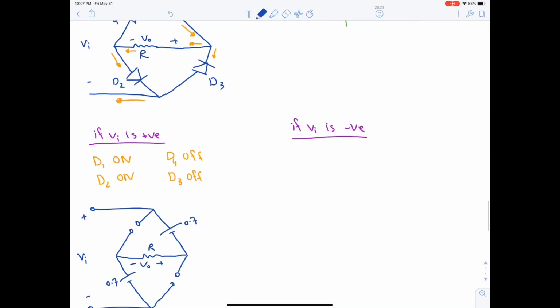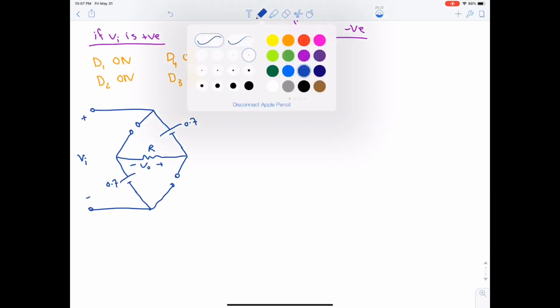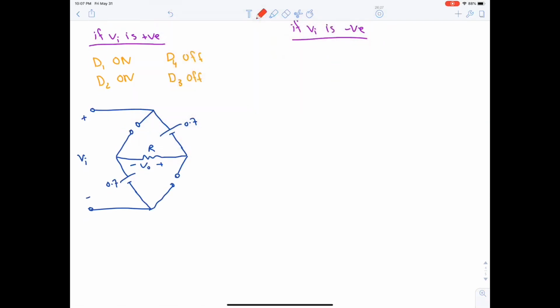Now, what's V output in this case? This is grounded, hence this point is VI, then this point is VI minus 0.7. Okay. If this is 0, then this value is 0.7, because 0 plus 0.7 is 0.7.